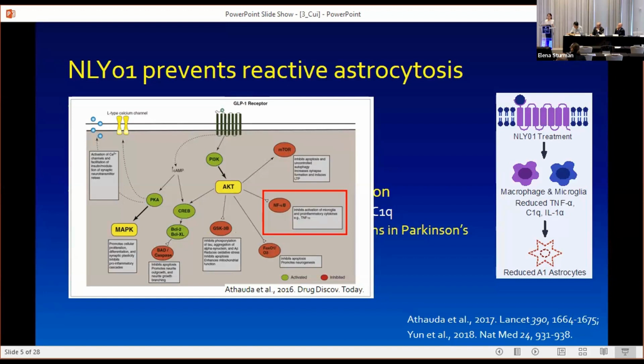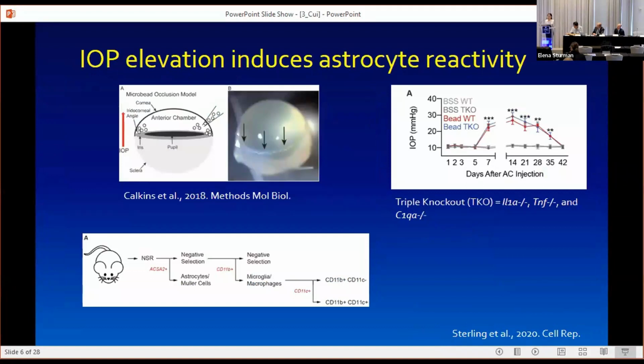In this very nice review by one of the groups who first pursued GLP-1 receptor agonists for treating Parkinson's disease, they found that GLP-1 receptor activation inhibits NF-kappa B, and also inhibits activation of microglia and pro-inflammatory cytokines such as TNF-alpha. And if you recall from Lou's talk earlier, these are the same pathways that were also inhibited by insulin binding to its receptor in the retinal ganglion cells.